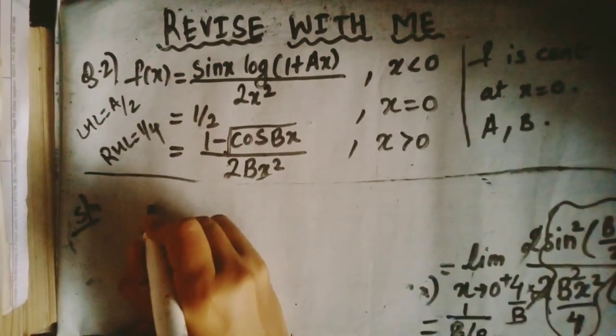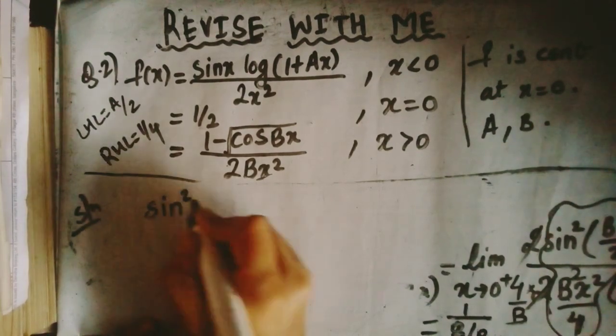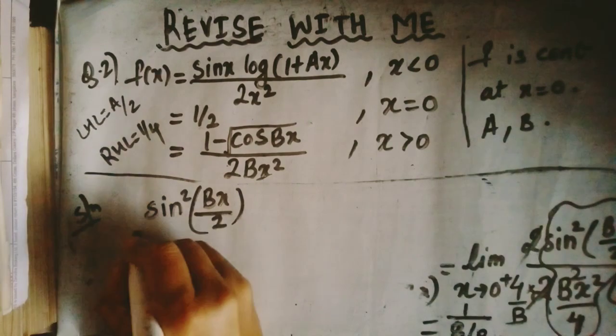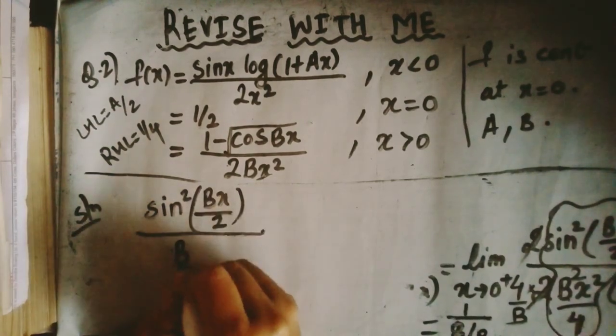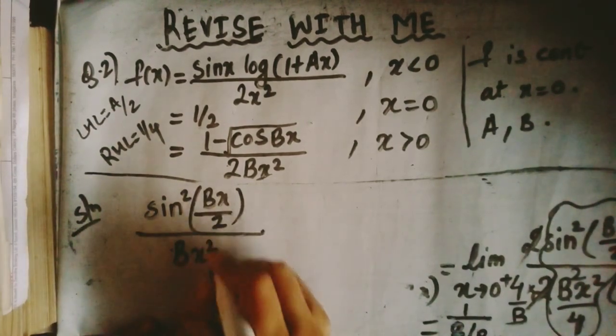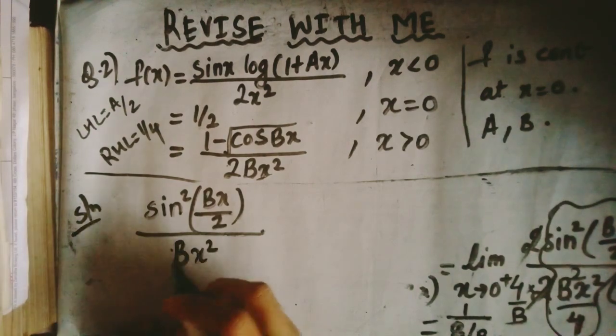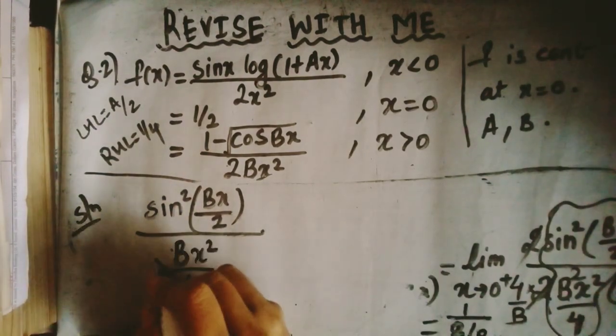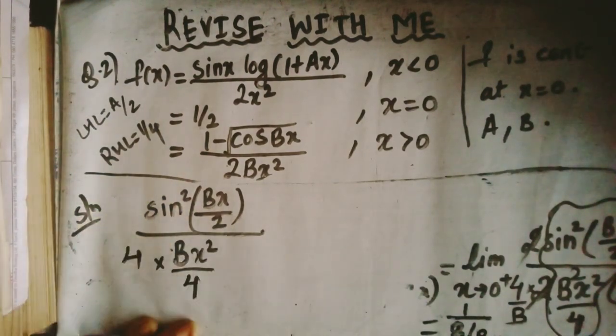See, this is what remains, sin square bx upon 2, upon we had bx square. Okay, so we need here 4 because this should be in the square form. So I've multiplied by 4, divided by 4.